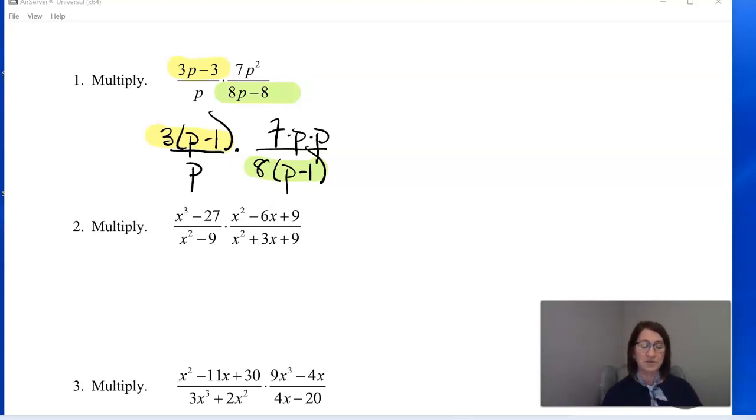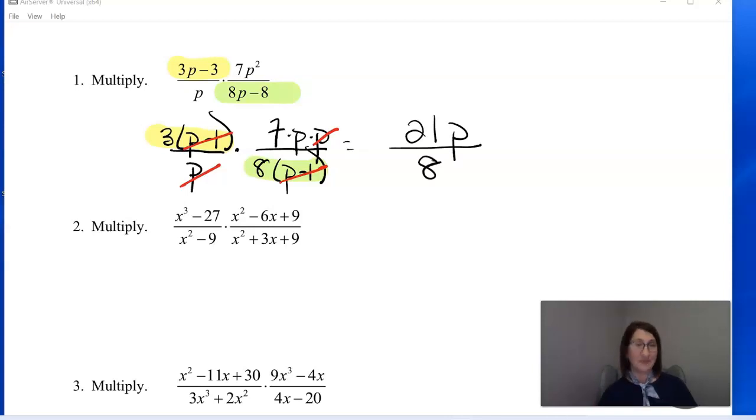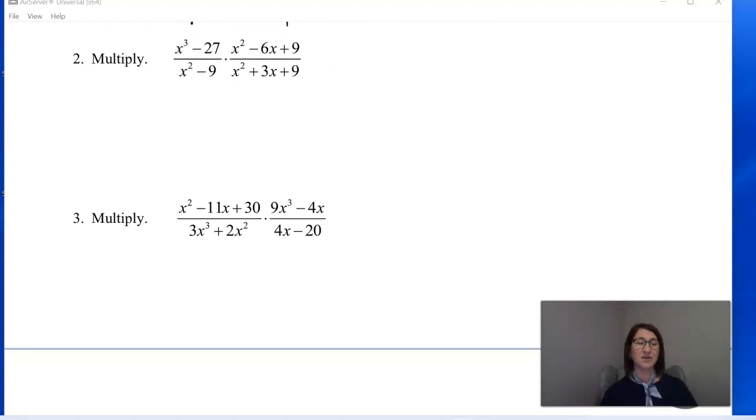I'm going to reduce the p minus 1's, and then a p, and then I can just multiply across. That's going to give me in the numerator 21p, and in the denominator 8. That's my answer. All right, let's look at problem number 2.